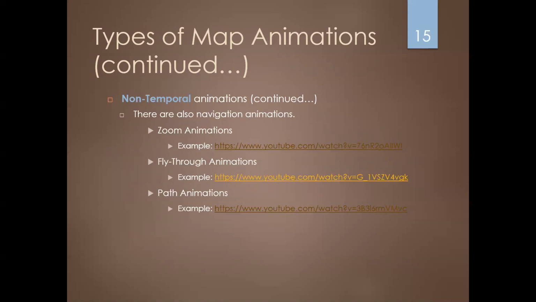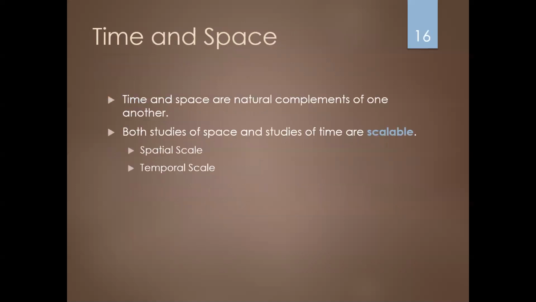Okay, obviously zoom animations, fly-through animations, and path animations are non-temporal animations because those frames are not arranged by time, but by other things, okay. And time and space are natural complements of one another.